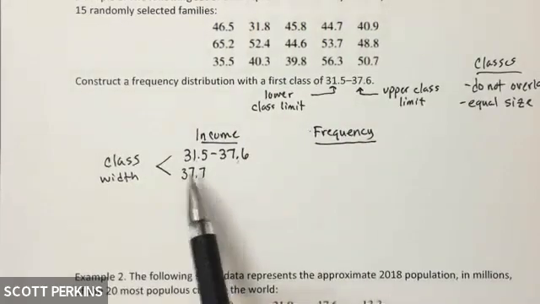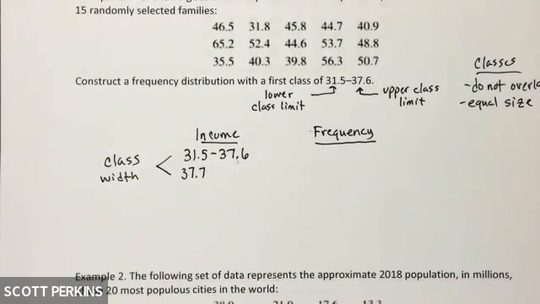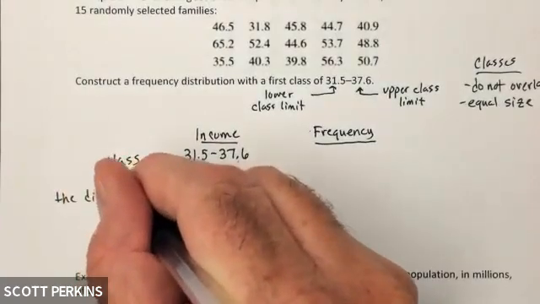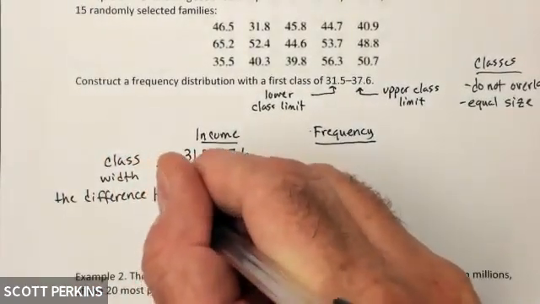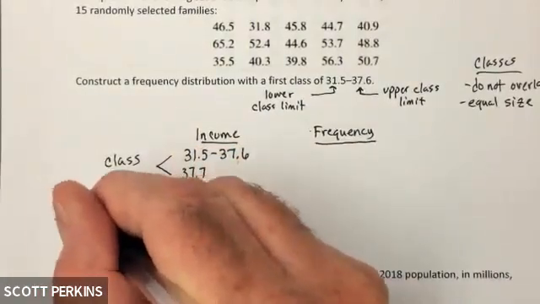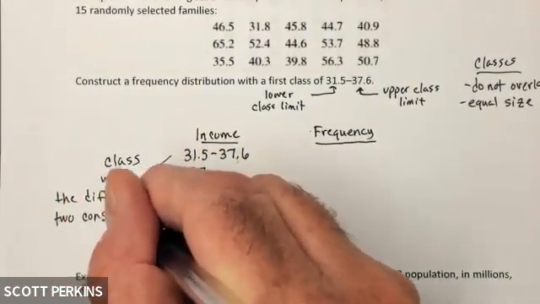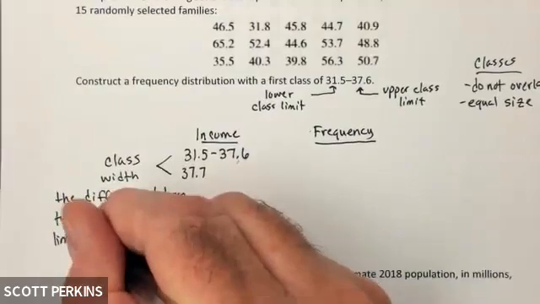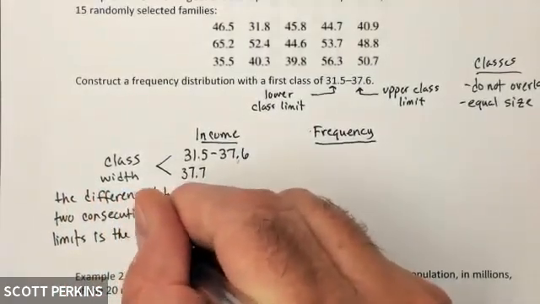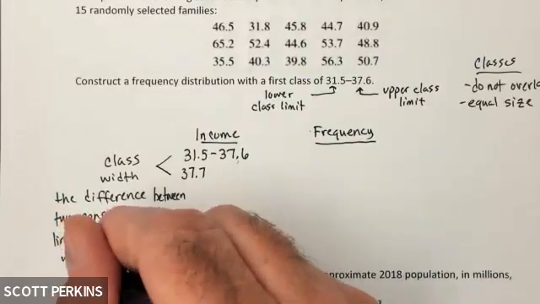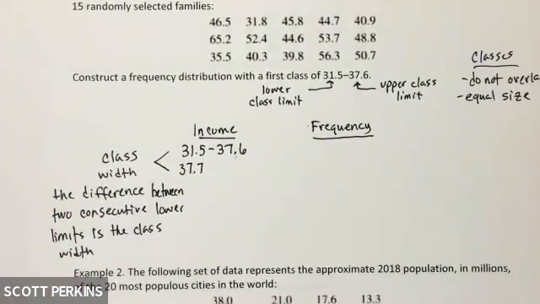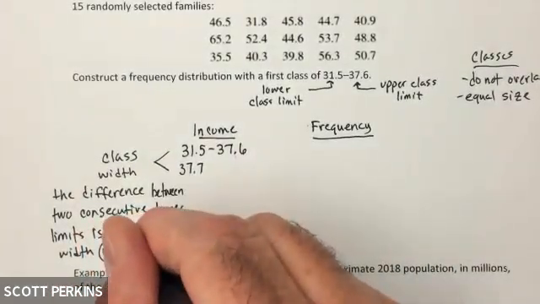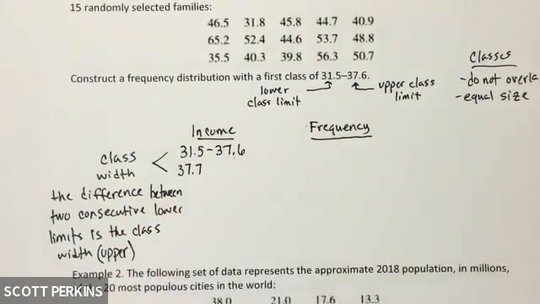The difference between two consecutive lower limits is called the class width. I'm also going to put in parentheses that the difference between two consecutive upper limits is also the class width.